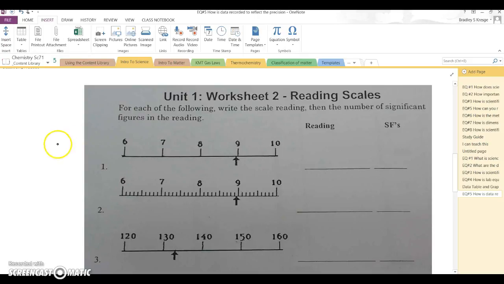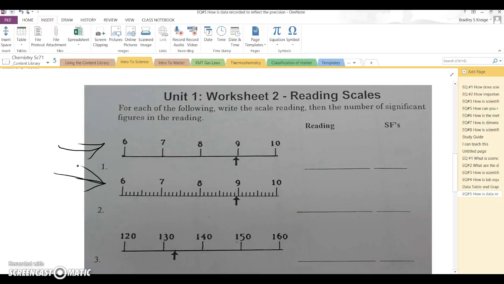So if I look at these two scales, number 1 and number 2, I see that I have two different scales. They are for the same thing, and they represent the same measurement. So we have 6, 7, 8, 9, 10. Let's say we're talking about centimeters. And the line is in the exact same place for each.